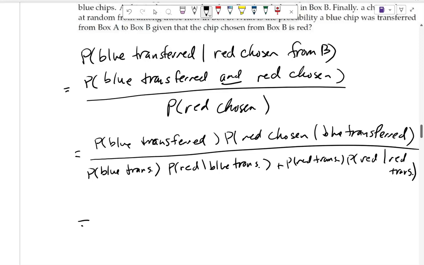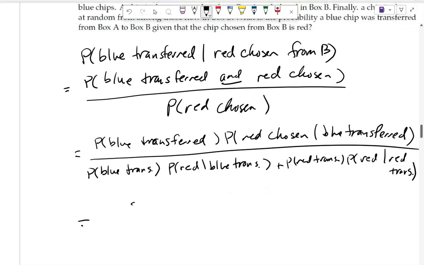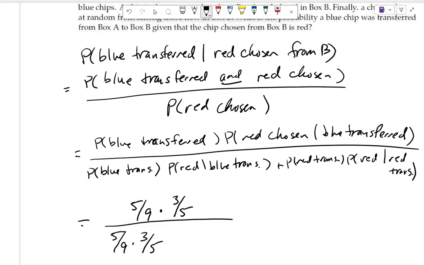What's the probability of transfer of blue? 5/9. If you transferred the blue, what's the probability you drew a red? 3/5. Good. Notice that probability also appears on the bottom, right? As I was mentioning before, what's on top you should see is a piece of the bottom.